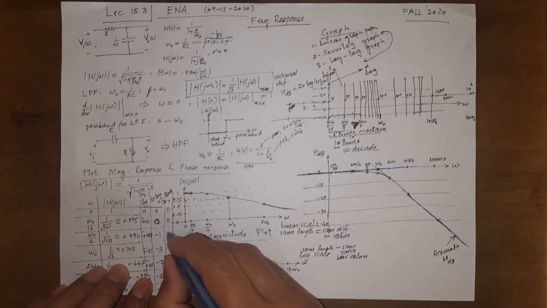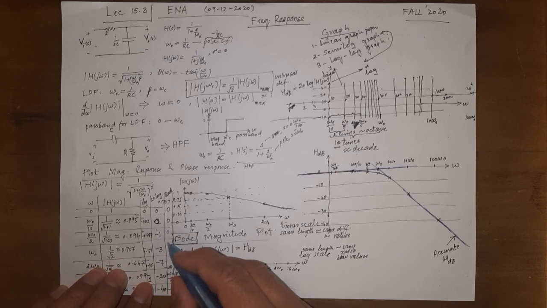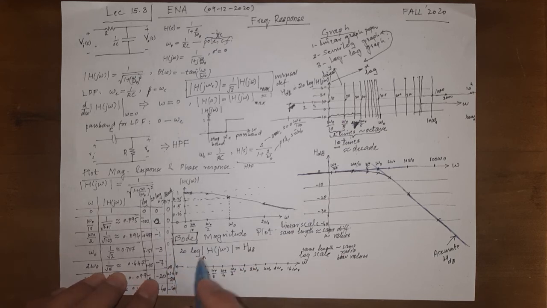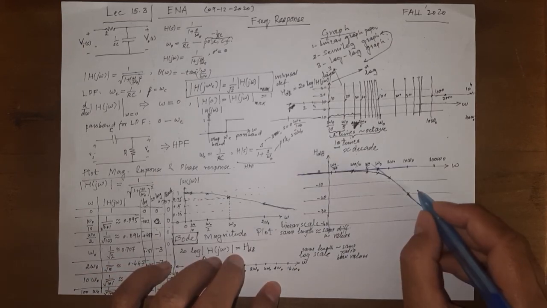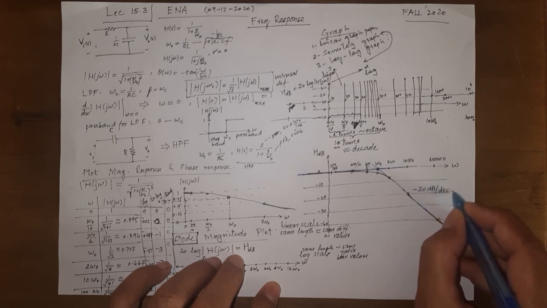So the line before this would be 0, and the line after this would be marked according to a straight line with a slope of minus 20 dB per decade.